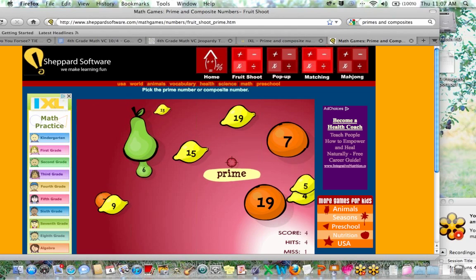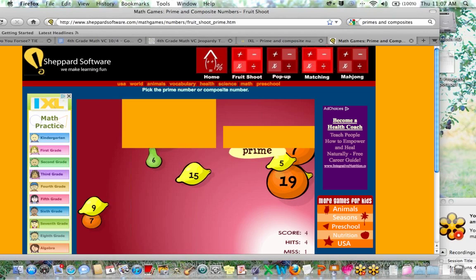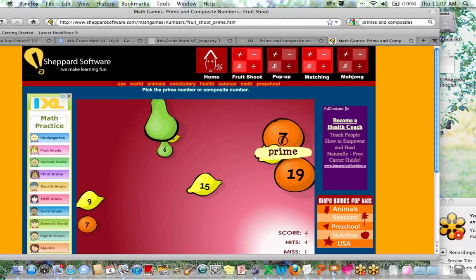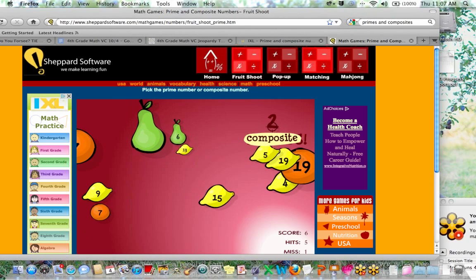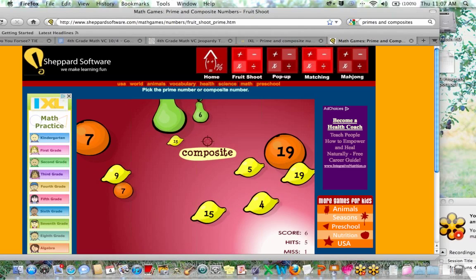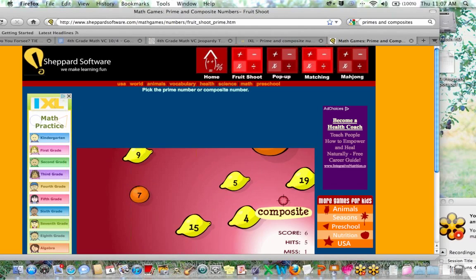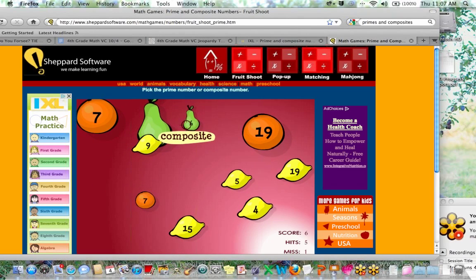They switched it back to prime. Prime numbers. 19 is one. 7 is definitely one. Good. Okay, now they're going fast on us. They switched it back to composite. Good. 6. I'll try to get that 6.